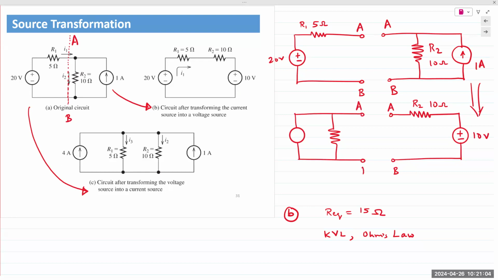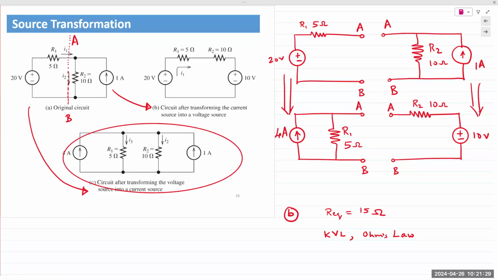That still remains as A. This becomes B. R1 is 5 ohms. And current direction pointing up. Using Ohm's law, I have a 20 volt source and a 5 ohm resistor. So I would have a 4 amp current source. And if I plug that back into the circuit, you get circuit number C.